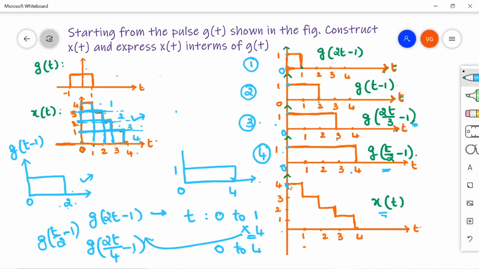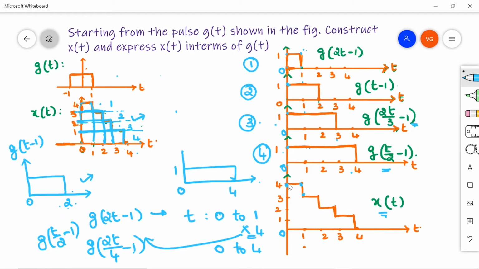So at t equal to 0 in the final signal, I have an amplitude of 4. At t equal to 1, layer 1 drops from 1 to 0, and the second, third and fourth layers have amplitude of 1 respectively. So that is 3. So it's falling from 4 to 3. Right? So just mark all the points like that.